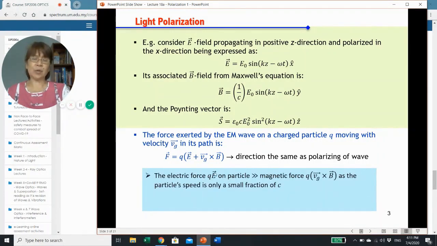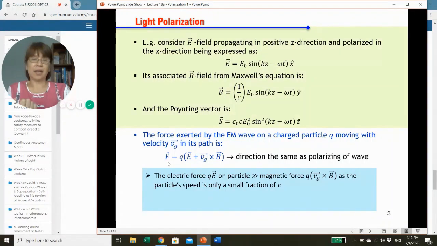Here, this is the electric force, and this Q multiplied by this will be the magnetic force. Now, this force will be much larger than this force because the speed of the charge is only a small fraction of the speed of light.